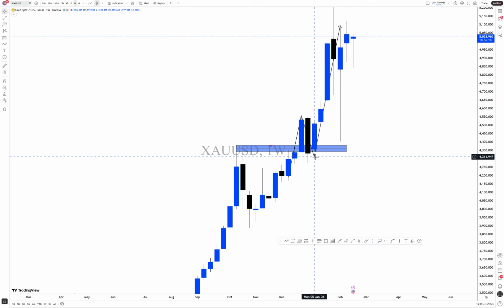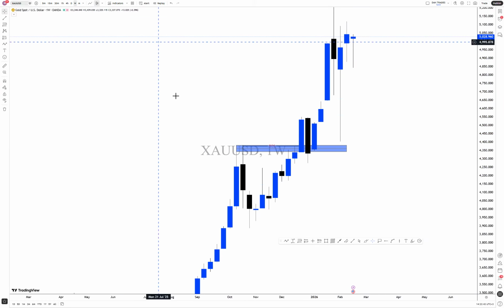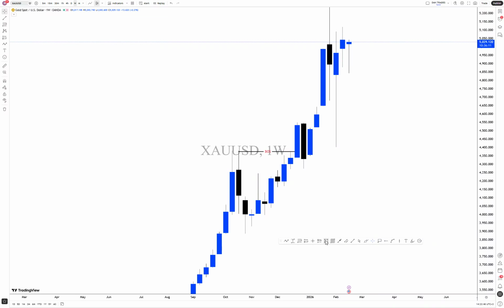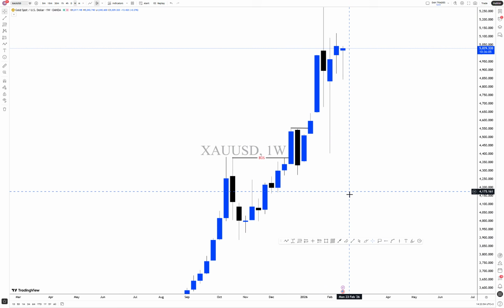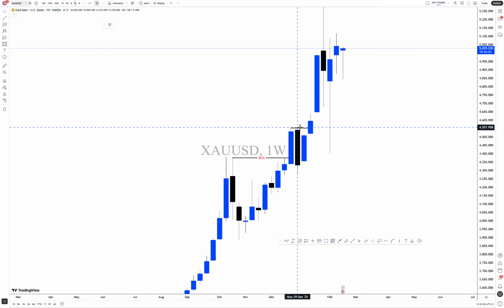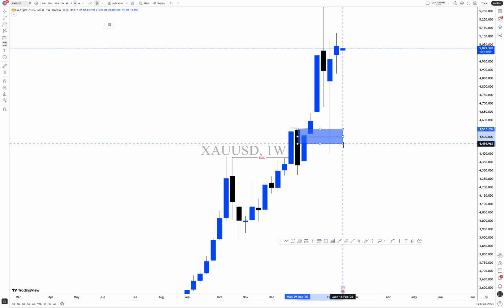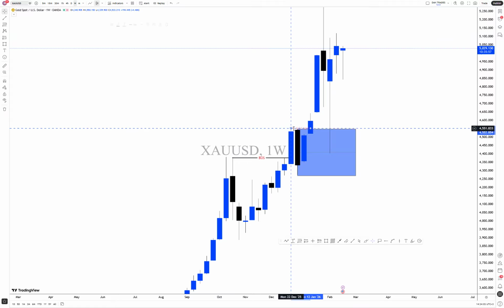So around this level, when we caused that breakout structure, we went up again, causing another breakout structure from that area, right? The order block which led to this breakout structure was this bearish candle.